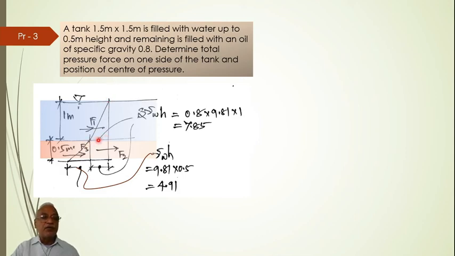This base will be equal to gamma into H, where gamma is given by S into gamma W. So here the top surface is nothing but oil. So specific gravity is 0.8 multiplied by 9.8, that becomes gamma, and the height H becomes 1, so it becomes 7.85. Of course the units would be kilonewton per meter square.